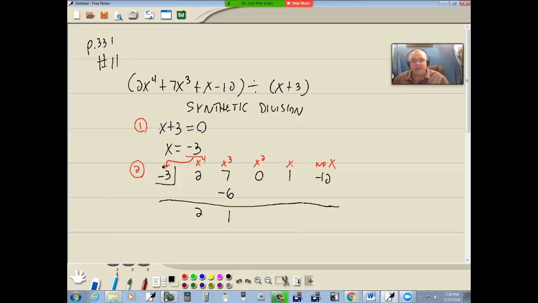Then we multiply. You always multiply the number in the box by the number you just put down. Negative 3 times 1 is negative 3. Then you add. 0 and negative 3 is negative 3. Then you multiply. Negative 3 times negative 3 is 9.